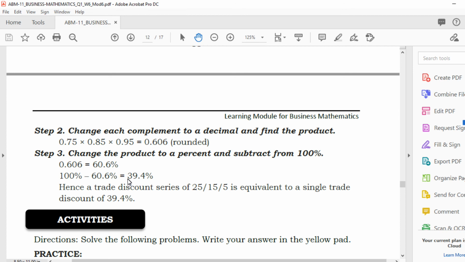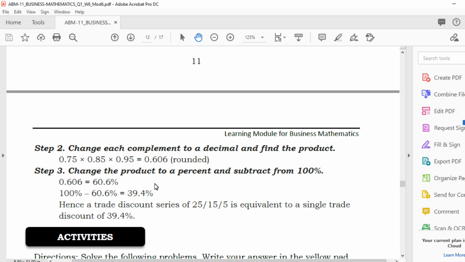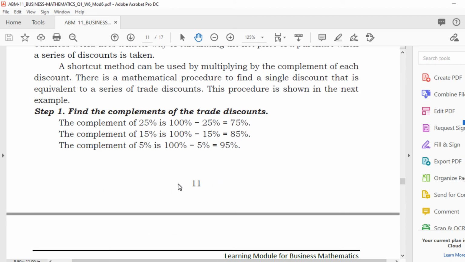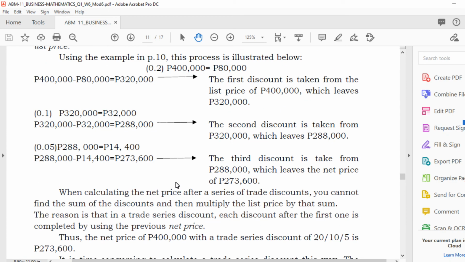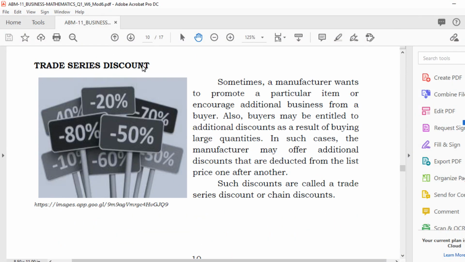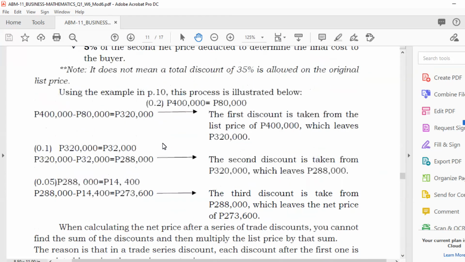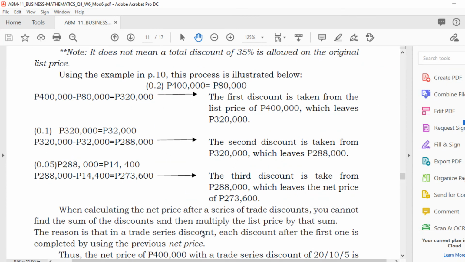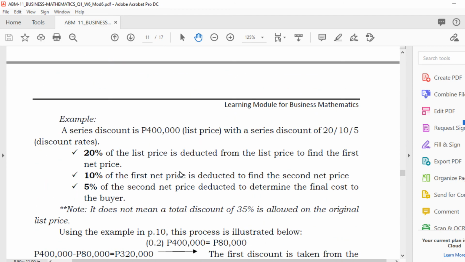Pero dahil nga hindi single trade, pinakita lang natin ito paano mo siyang kukunin na single trade. Pero dahil hindi siya single trade, ang tawag dito, trade series, ganito mo siya i-compute. Series form. So, yun po yung pagkakaiba na single discount sa series trade discount.